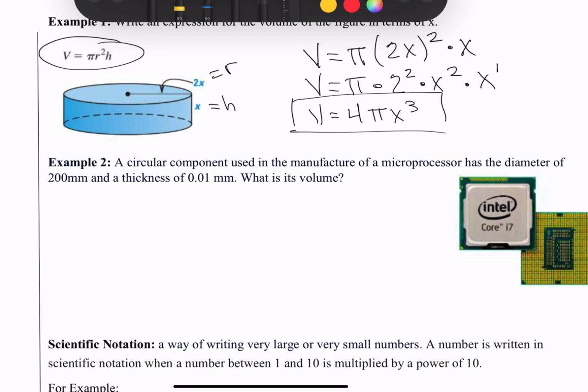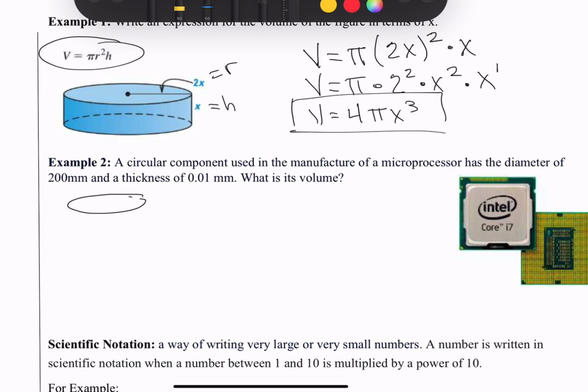Okay, so we have a circular component used in the manufacture of a microprocessor. That's like the brain of your computer. And it has a diameter of 200 millimeters and a thickness of 1/100 of a millimeter. All right, so basically you can think of this component as some type of small, teeny tiny cylinder.